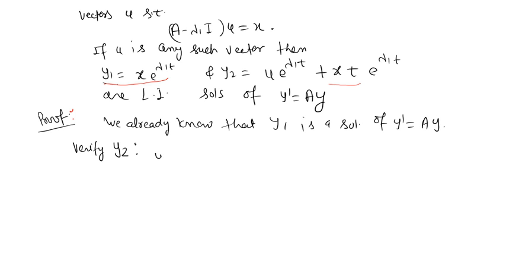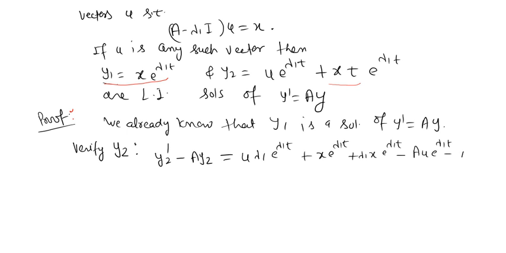For this we compute y2 prime minus A y2. So we put y2 in place of y in the system. So differentiate y2: u lambda 1 e power lambda 1 t, then x e power lambda 1 t, then lambda 1 x t e power lambda 1 t by the product rule, then minus A times u e power lambda 1 t minus A x t e power lambda 1 t.